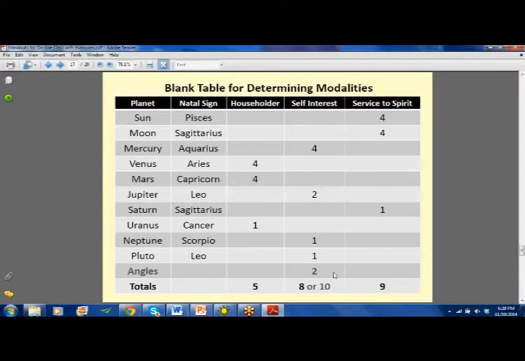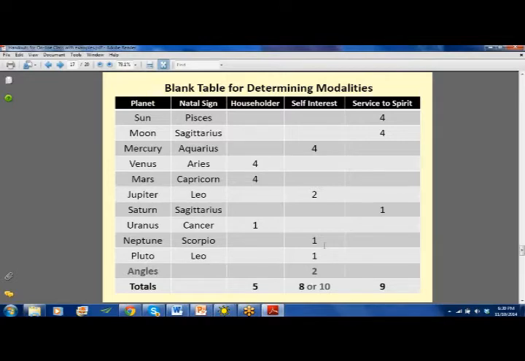just for those who were asking about that. You could add the angles in here, because it actually is important. If you've got, like for me, I have all my angles in the self-interest signs. It's because I'm Scorpio rising, so Taurus on the descendant, I have Leo on the midheaven, and Aquarius at the home and root.